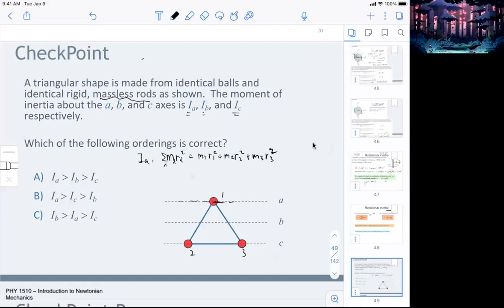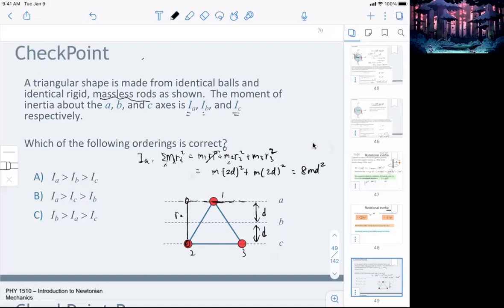It has no distance from this axis, so this is 0. M2 is just M. R2 from here to here, this is R2. Let me call the gap between them a distance D. This is distance D. So R2 is 2D, right? M3 is M, R3 is 2D. So all of them added together is going to be 8MD squared.